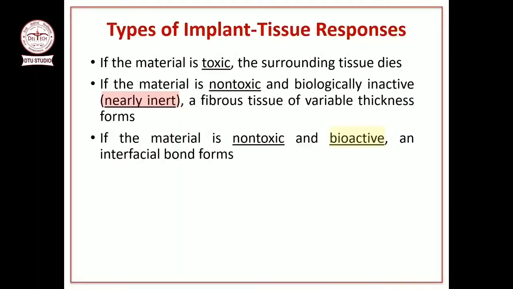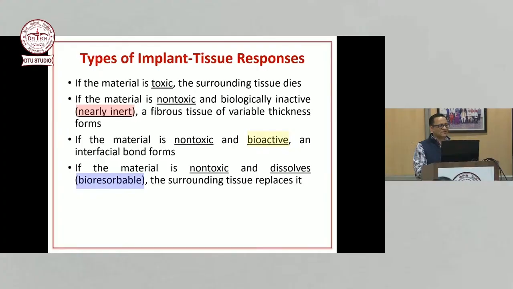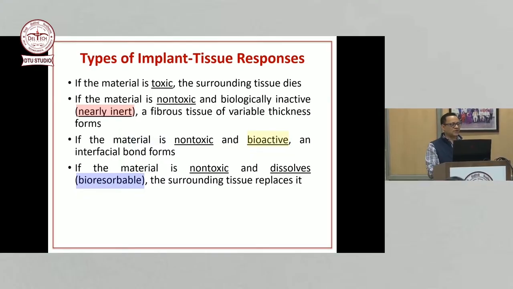If the material is non-toxic and bioactive, it starts bonding with the tissue. If the material is non-toxic and dissolves, it's biodegradable, the surrounding tissue starts replacing it as it degrades slowly.